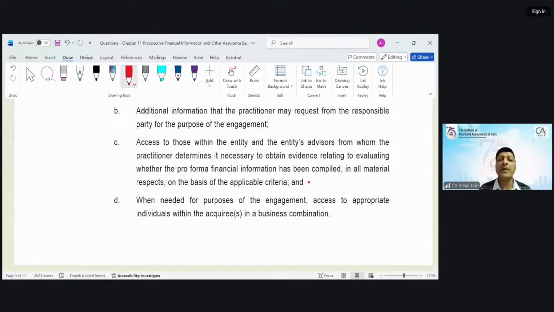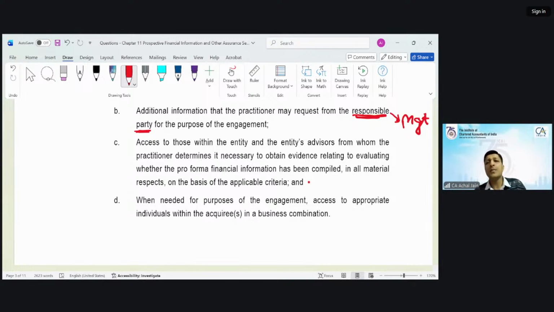Now, who's the responsible party? It's the management. This terminology, responsible party, in the context of the entity, you can say the management. Access to those within the entity and the entity's advisors from whom the practitioner determines it necessary to obtain evidence relating to evaluating whether the pro forma has been compiled on the basis of applicable criteria. Means discussions with the required personnel of the entity.